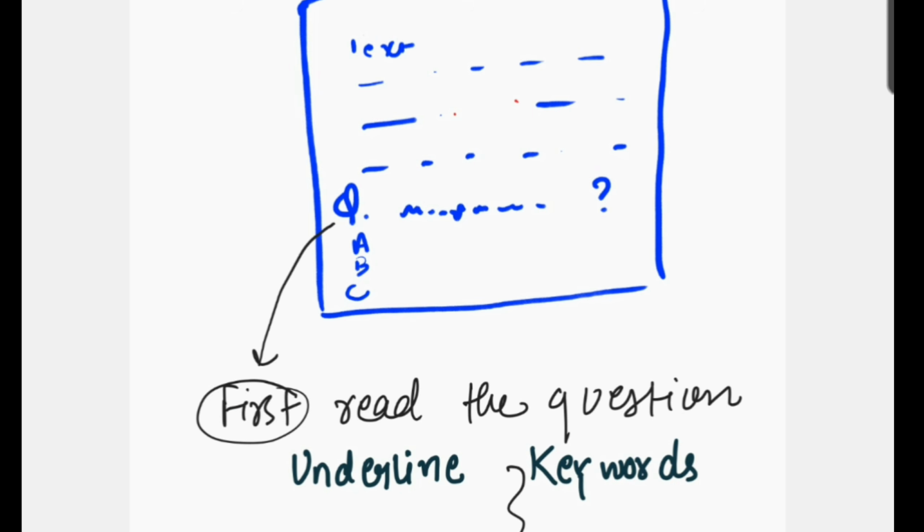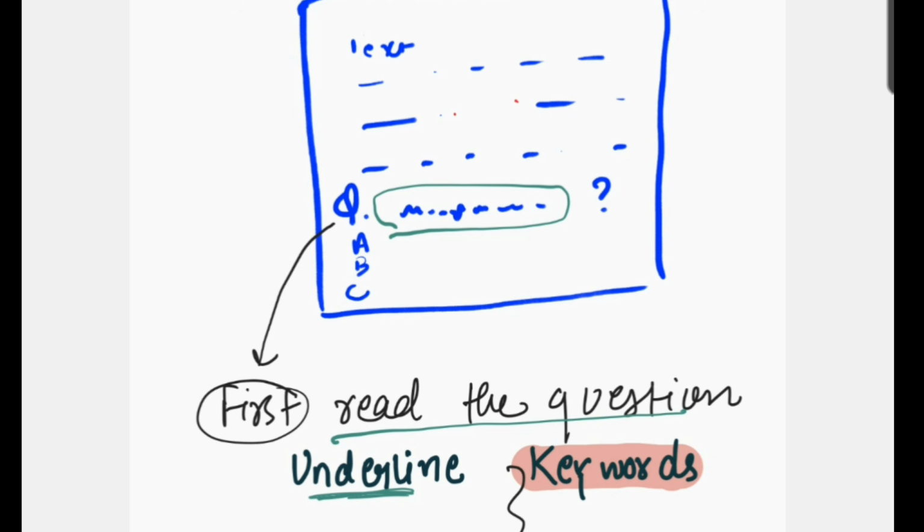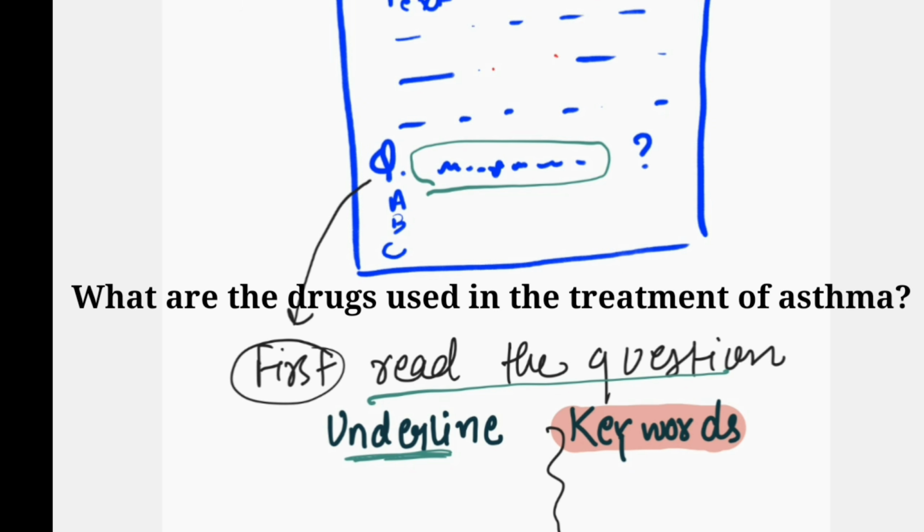The way that I use to find the answers is to first read the question. I first read the question and I underline the keywords. Underlining the keywords is important, because now you know what you are looking for. For example, the question asked is, what are the drugs used in the treatment of asthma?